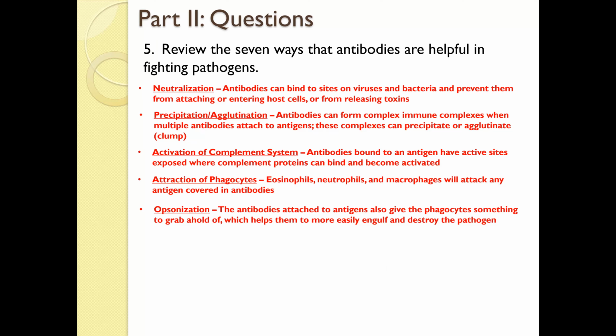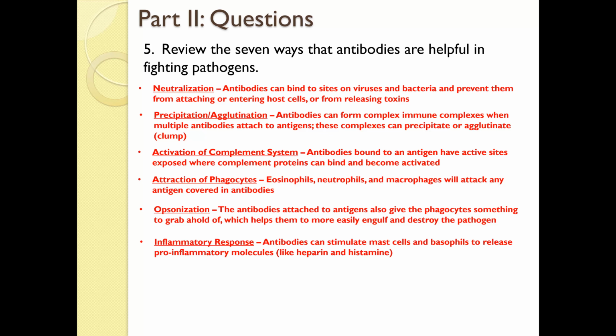Furthermore, you get the process of opsonization, which is when the antibodies attached to the antigens also give the phagocytes something to grab a hold of, which helps them to more easily engulf and destroy the pathogen. You also get an inflammatory response. So antibodies can stimulate mast cells and basophils to release pro-inflammatory molecules like heparin and histamine.